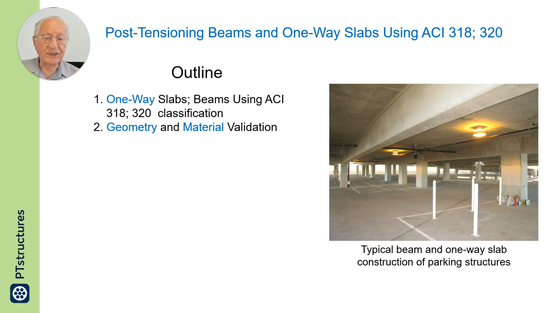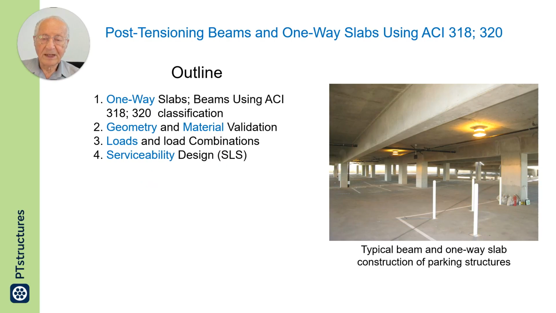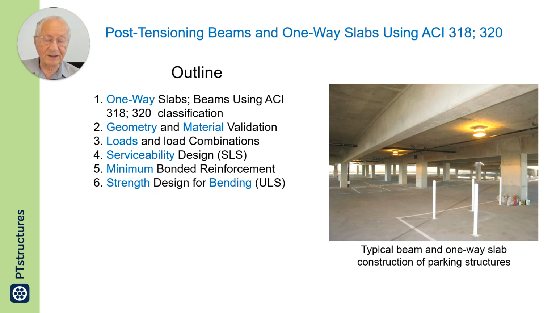The geometry and material properties will have to be validated once the member is classified into one-way slab or a beam. Then I move to define loads. After that, there will be a serviceability check of the design. Then we go into minimum bonded reinforcement to be added to this section.